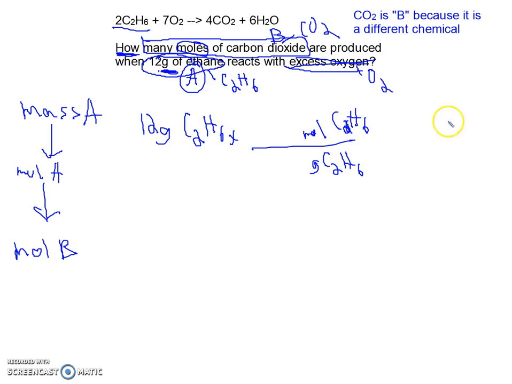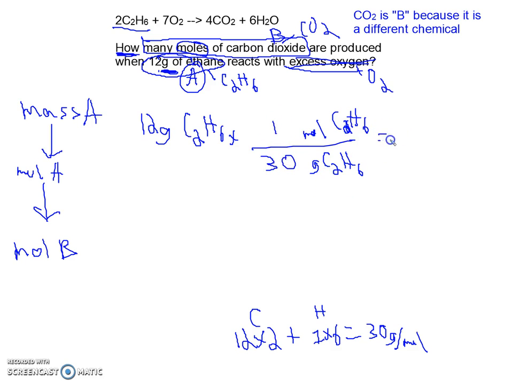So you use your periodic table. Carbon has a mass of 12, and there are 2 of them, plus the hydrogen has a mass of 1, and there are 6 of them. So 24 plus 6 gives you 30 grams per mole. That's 1 mole for every 30 grams.